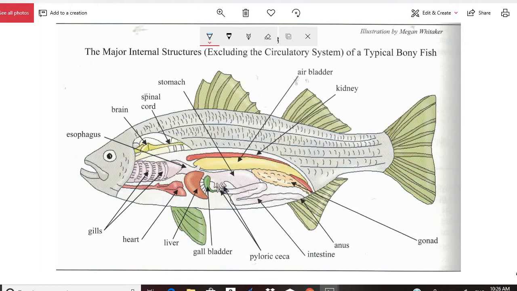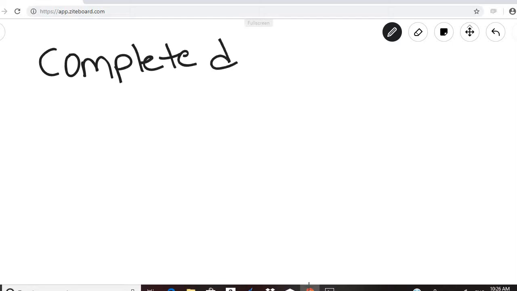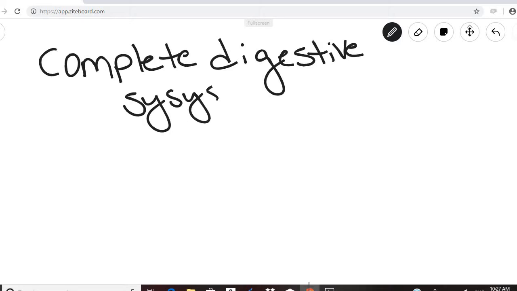Picture here, and I'm going to point out a few things here. A fish has a complete digestive system, and we've seen this in other animals.